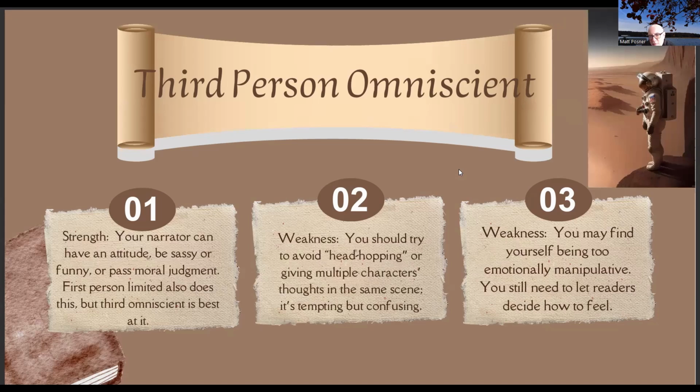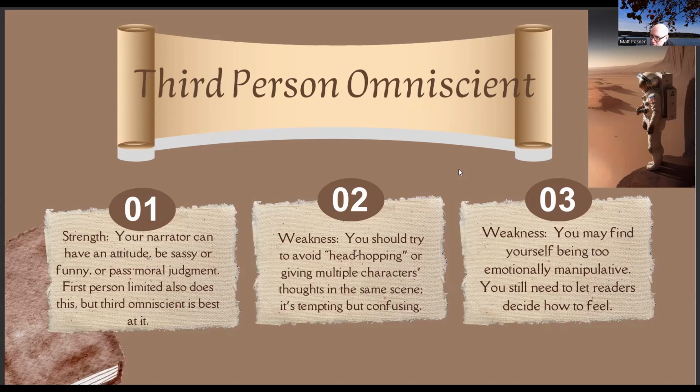And the final strength I wanted to point out is that your narrator can have an attitude, sassy, funny, judgy, anything that you like. First person limited can also do this, but third omniscient is the best way to do it. You have a godlike voice that just says whatever and conveys the overall opinion about the action, which may be useful for entertaining your reader.